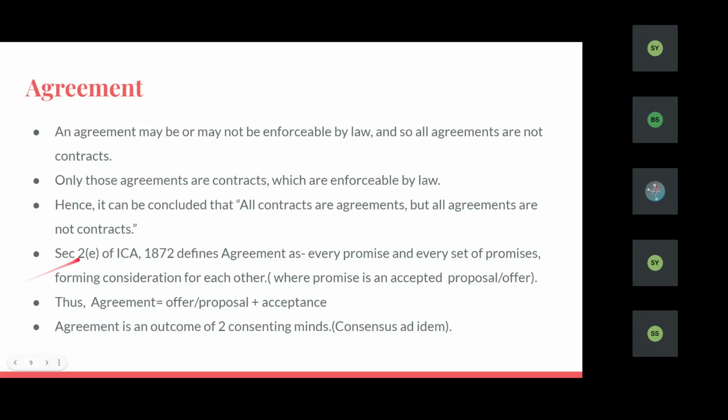Here, section 2, clause E of the Indian Contract Act 1872. Remember, section 2H was contract, 2E is agreement. The definition of agreement can be seen at section 2, clause E. It says every promise and every set of promises forming consideration for each other is an agreement.